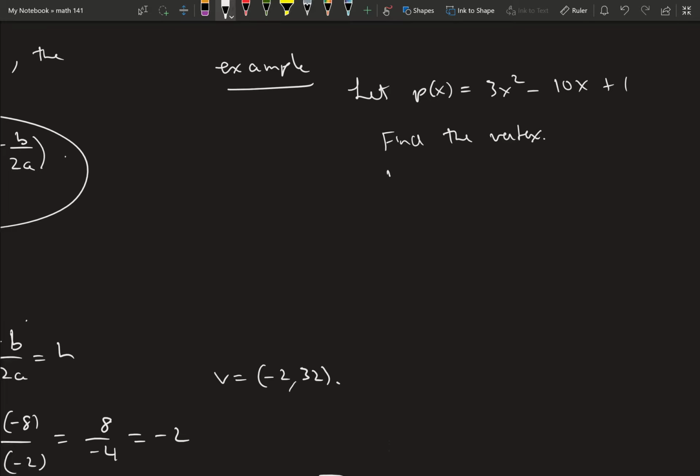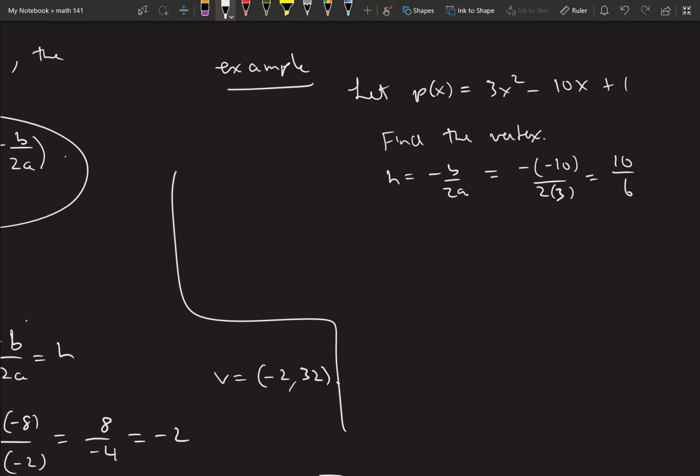Well, the x value is negative b over 2a, which is negative 10 over 2 times 3, which is positive 10 over 6, which is 5 over 3.